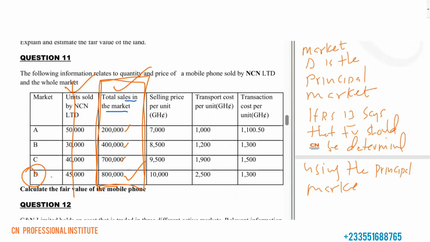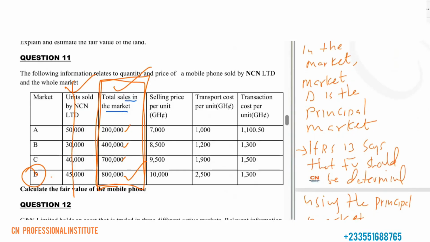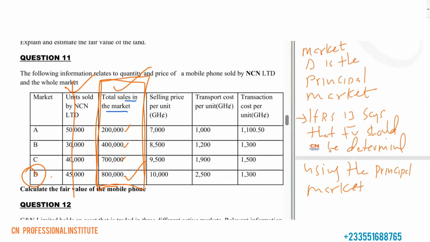Are you following? So you have to state this. Yes, so this is the first point that you can state, and this is the second point that you can state: IFRS 13 says the fair value should be determined using the principal market.